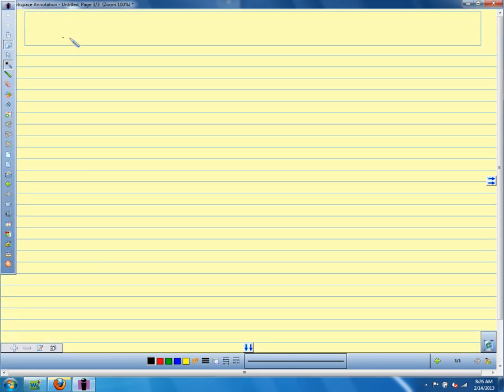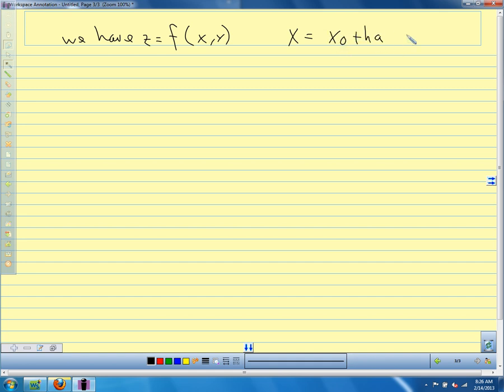So we have some function z equals f of x, y, and x equals x0 plus ha, and y equals y0 plus hb. And we are trying to find the rate of change of z with respect to the distance h that we travel in the xy plane.